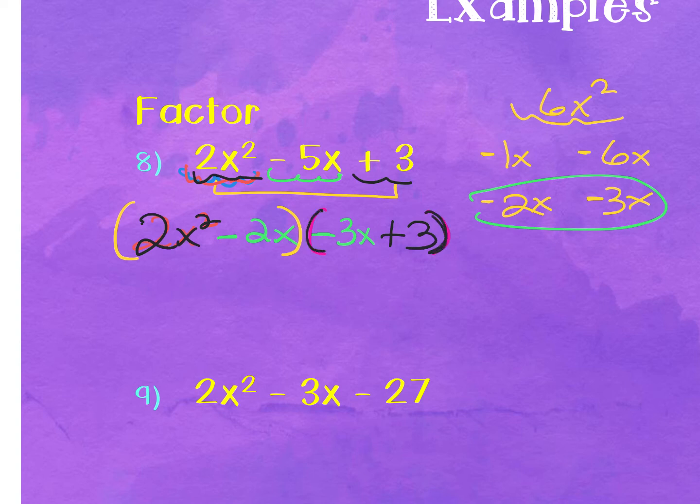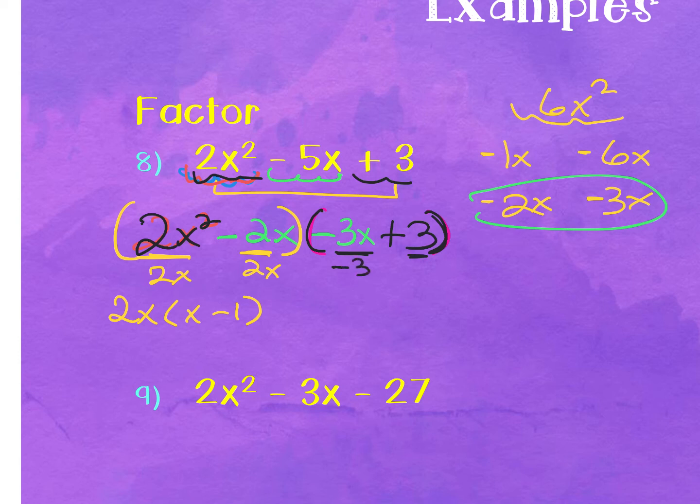All right. So my greatest common factor of this yellow group is going to be 2x. So I put it out here, divide, and now my GCF of the black group. Remember, we want the signs to look the same. If I pull out a positive 3 GCF, my signs aren't going to match up.